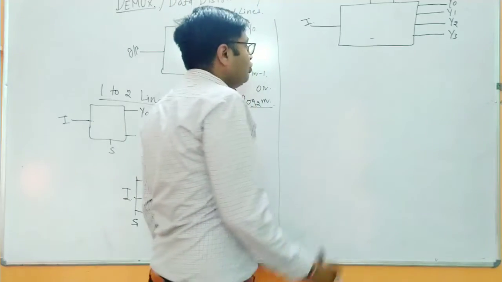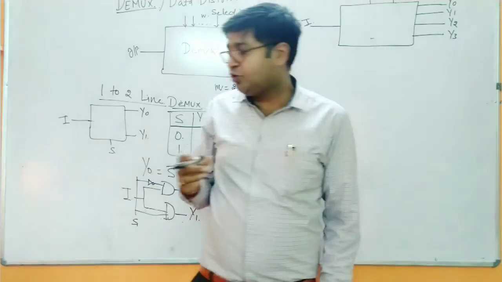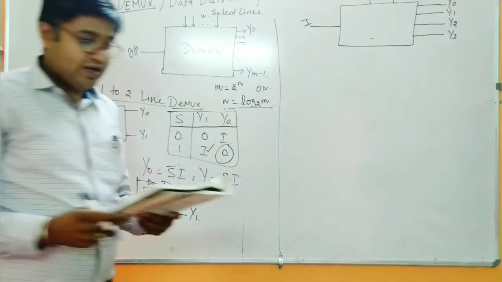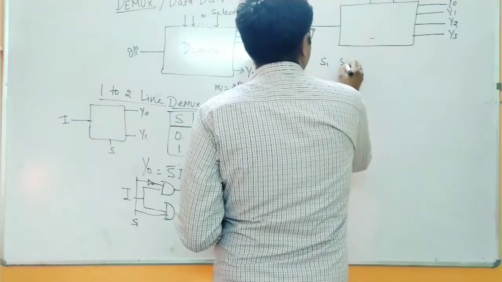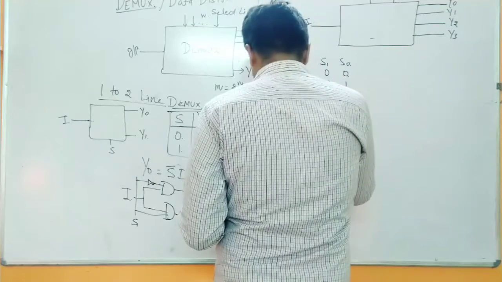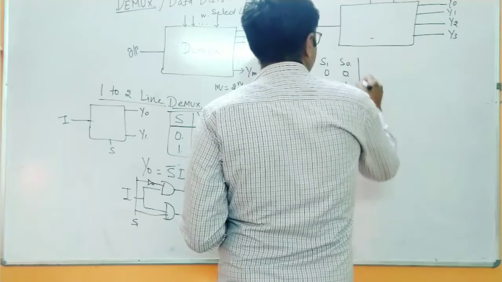Now you need to understand how this works. S1 S0 can be 0 0, 0 1, 1 0, and 1 1.